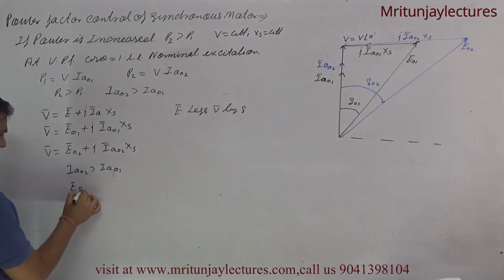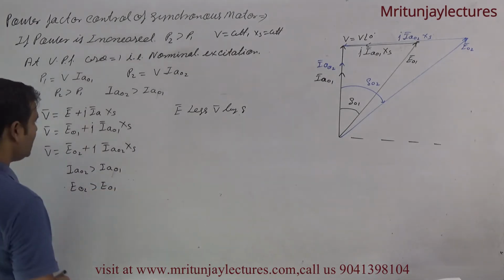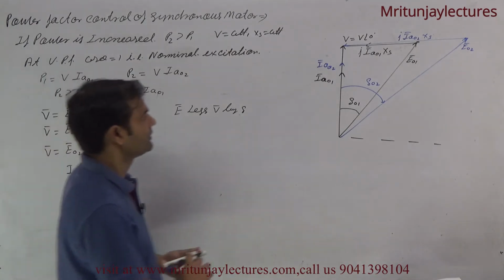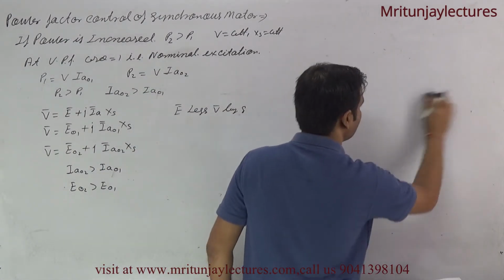So written as E02 is greater than E01. Again, first of all, draw the V curve.